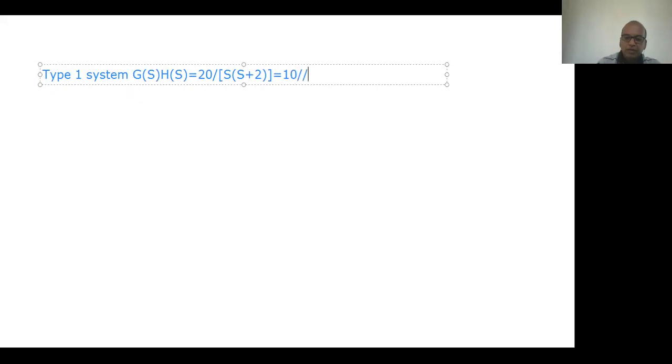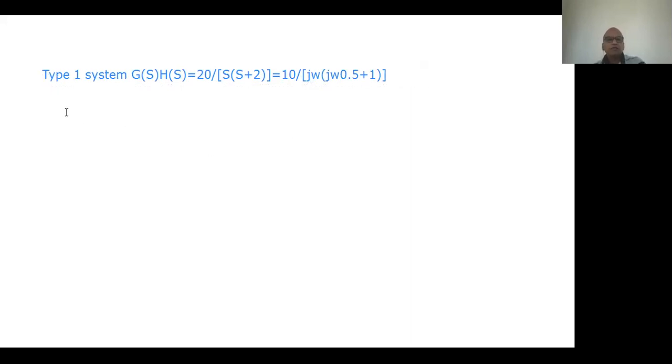10 divided by j omega into bracket j omega 0.5 plus 1.